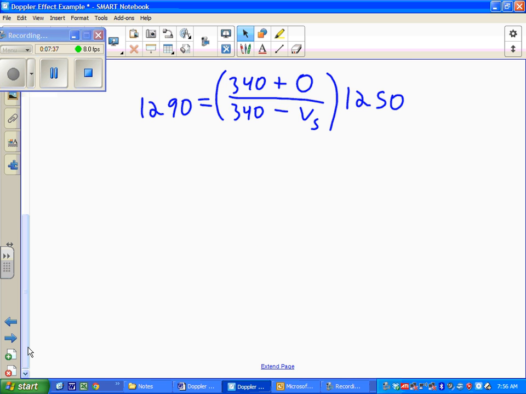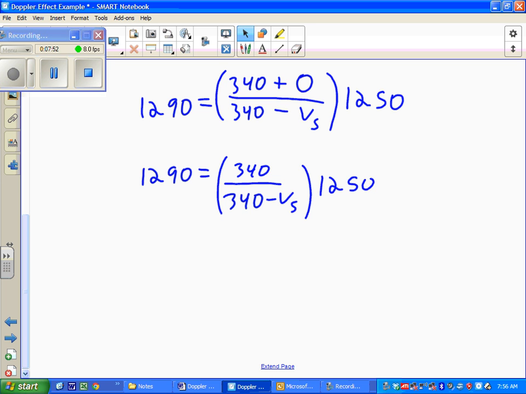Let's give us a little more room. There we go. All right, so we have 1290. I'm going to do 340 plus 0. Simplify it a little bit. Take little baby steps. Make sure I don't mess anything up. Okay. I am going to multiply this 1250 into here. So I'm going to pretend it's over 1, and I'm going to multiply the numerators together and the denominators together.